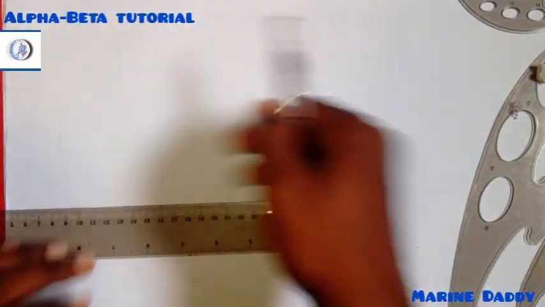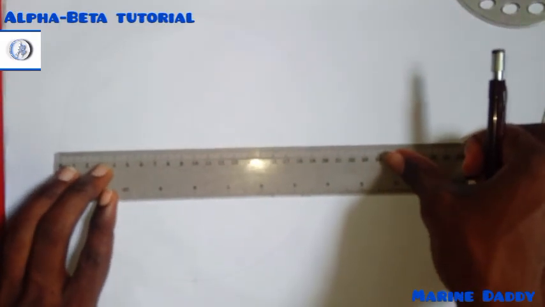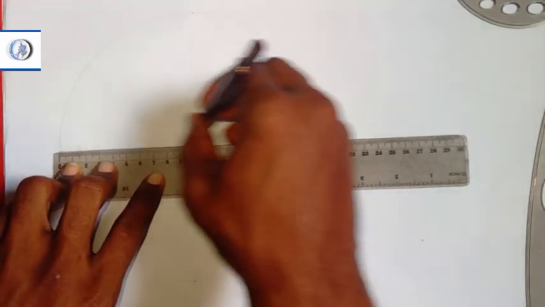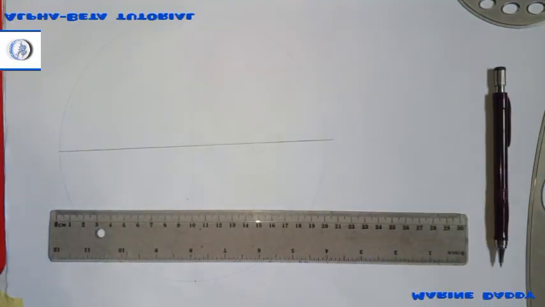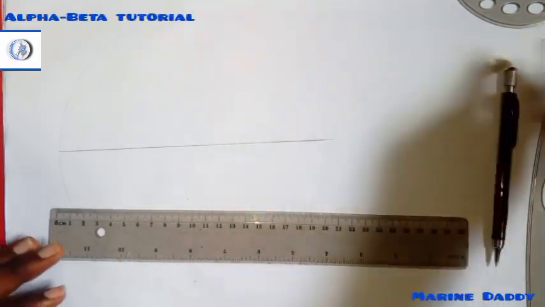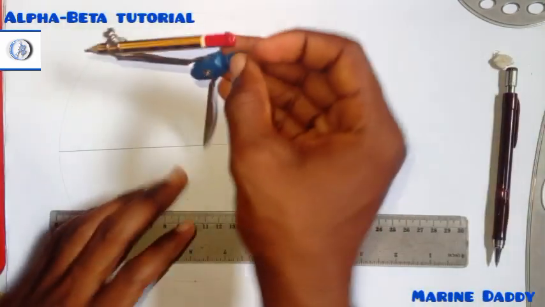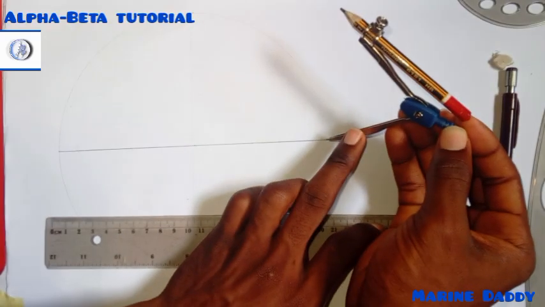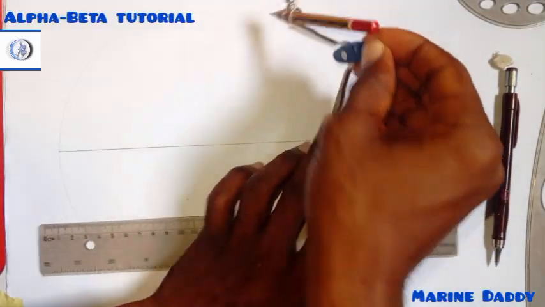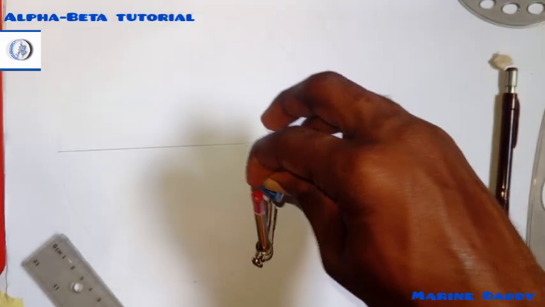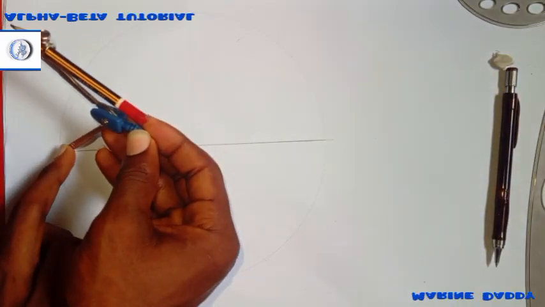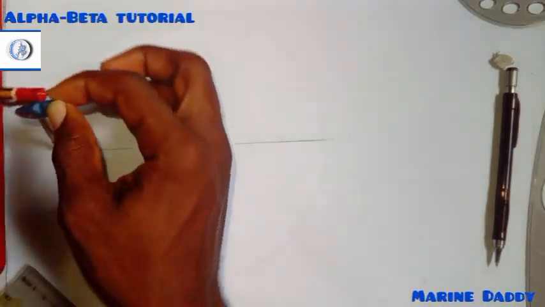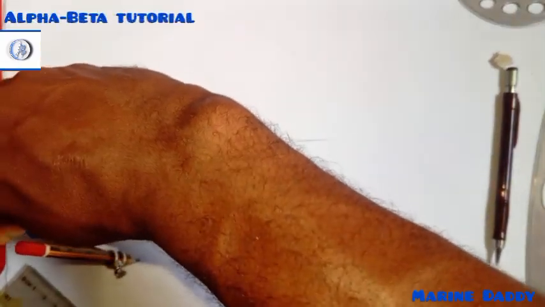Okay, so after drawing this circle, you have to divide it into 12 equal parts, right? So from here, the radius of my circle, that's what you're using to divide. From this place, I'll strike at the top, I'll strike at the bottom, come over to this side, strike at the top, come over to this side, strike at the bottom.